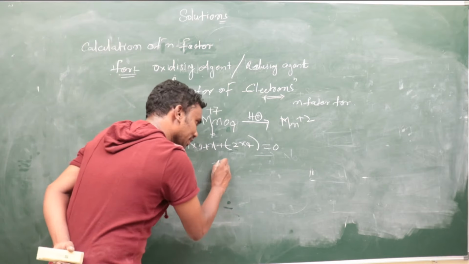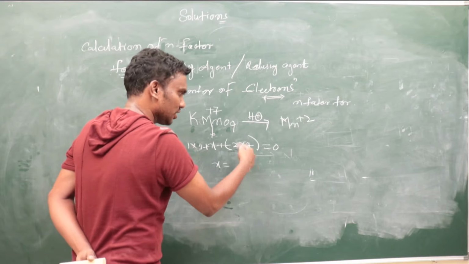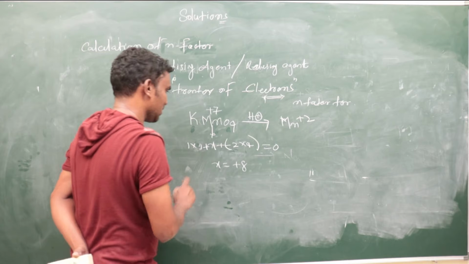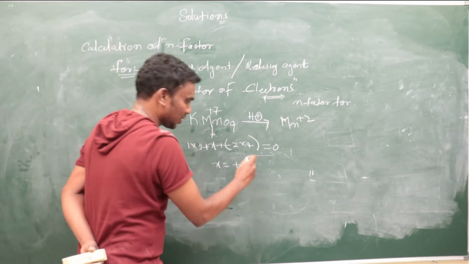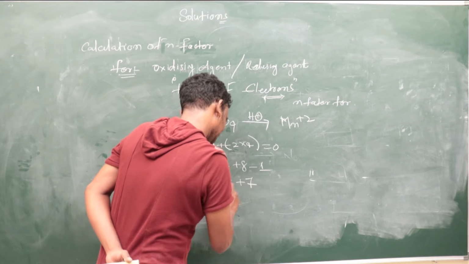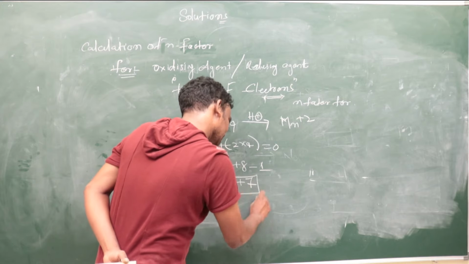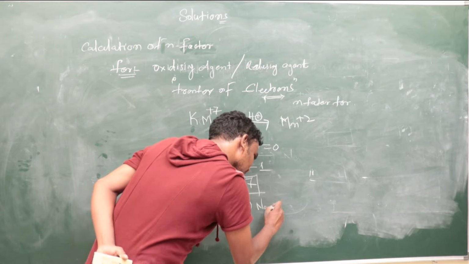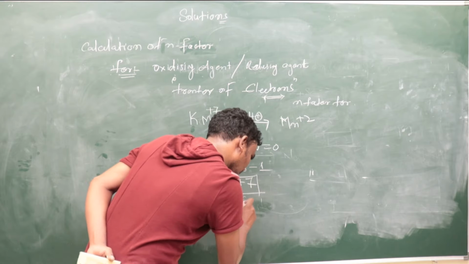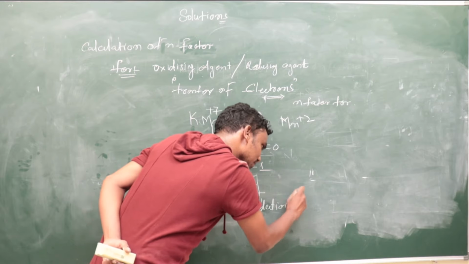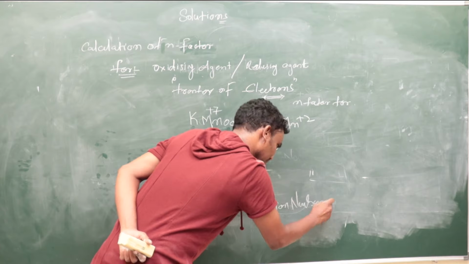So X is equal to minus 8 going to the other side, which is plus 8, and the plus 1 goes to the other side as minus 1. So X is equal to plus 7. This is the oxidation number, sir.